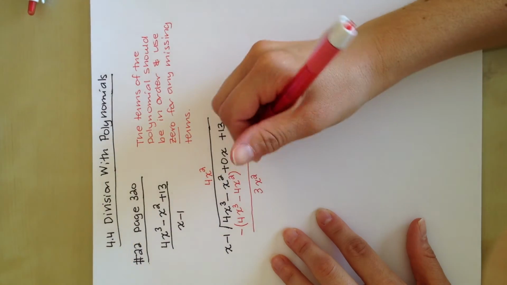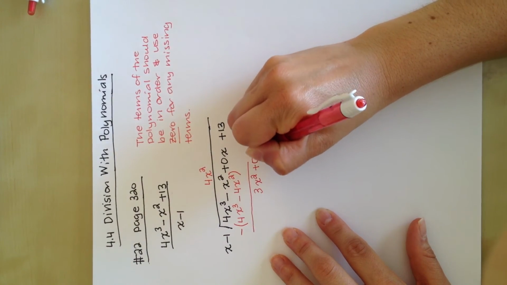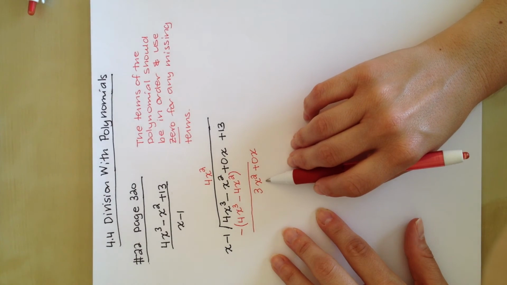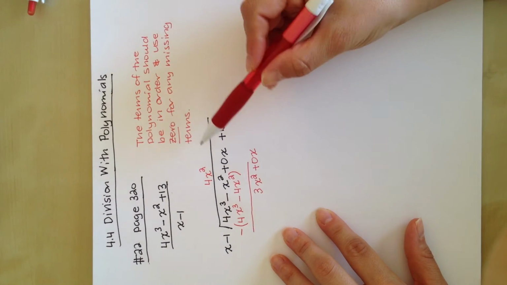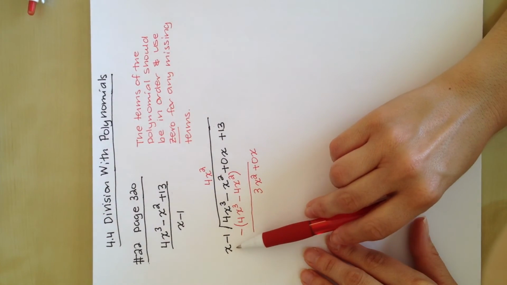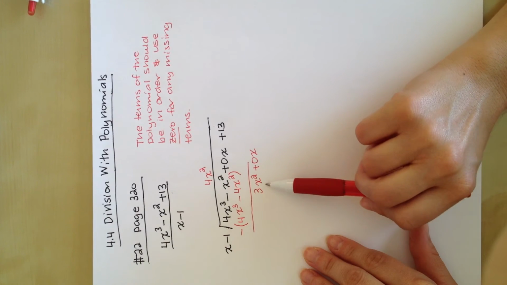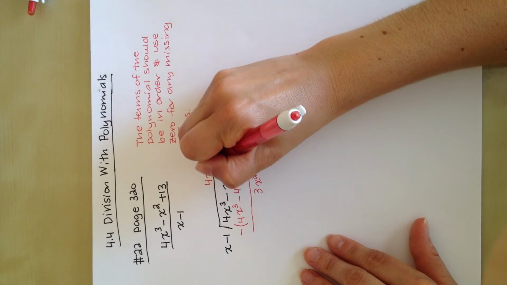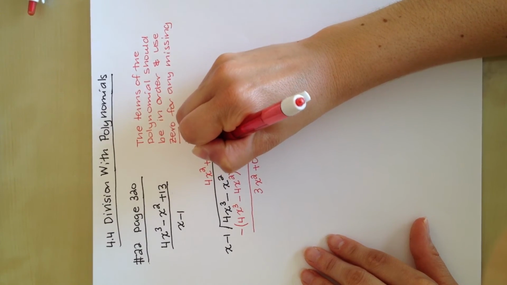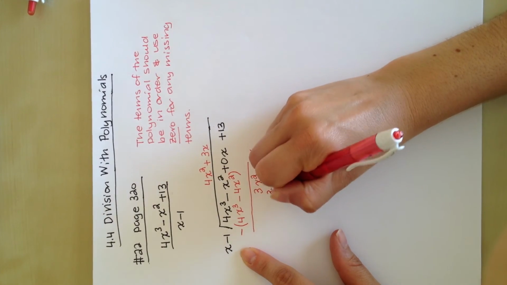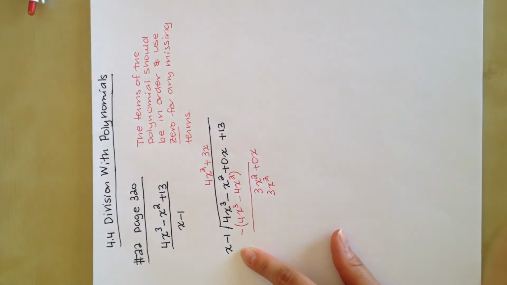Next, bring down plus 0x. Then we follow the same process. Now you have to get 3x squared. What should we write at the top such that when you multiply with x, you get 3x squared? You should write plus 3x. 3x times x is 3x squared. Exactly what we want.